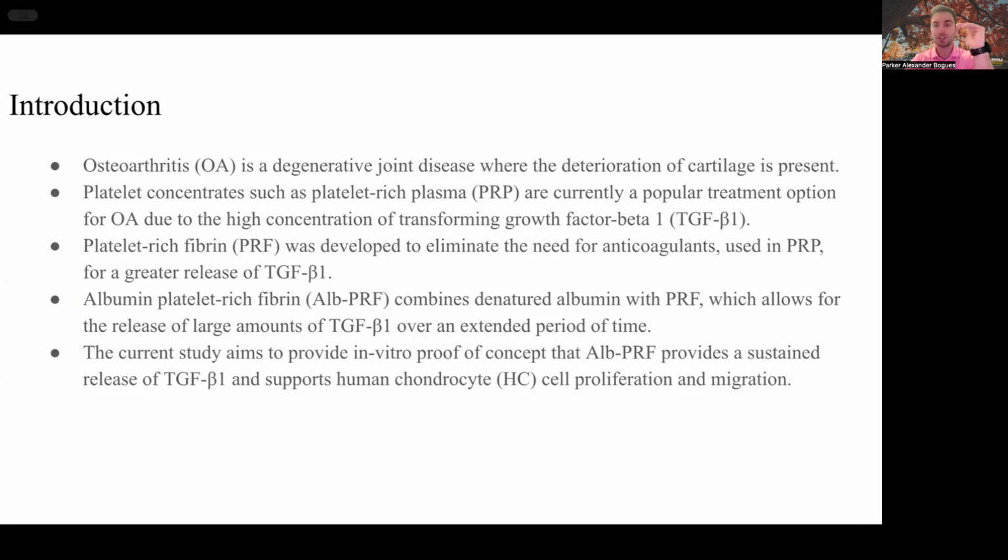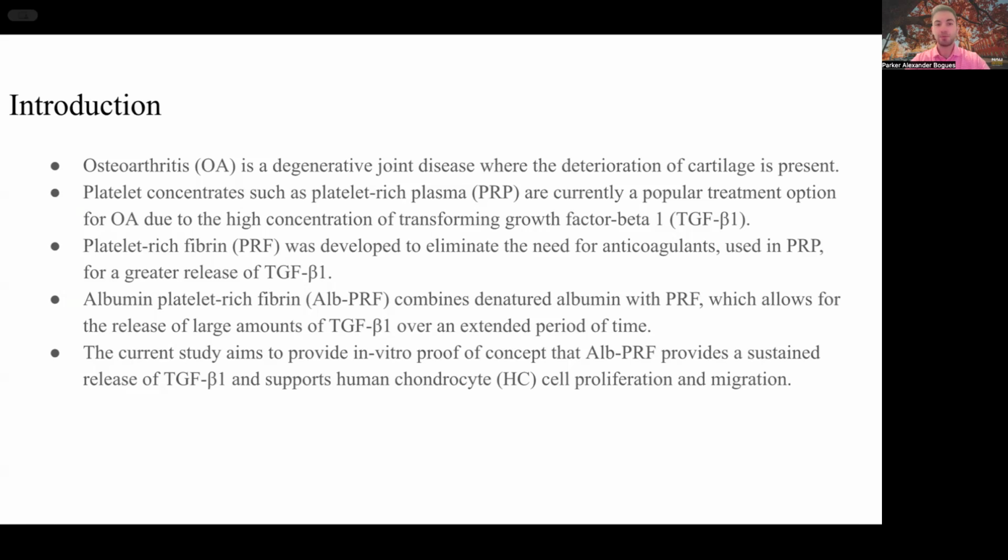And it's been shown in the literature that by combining these two compounds, the Alb-PRF has a sustained release of very important growth factors over an extended period of time. So Alb-PRF to date is the latest technology in platelet concentrate, as it addresses the limitations of its predecessor PRF and PRF's predecessor PRP.